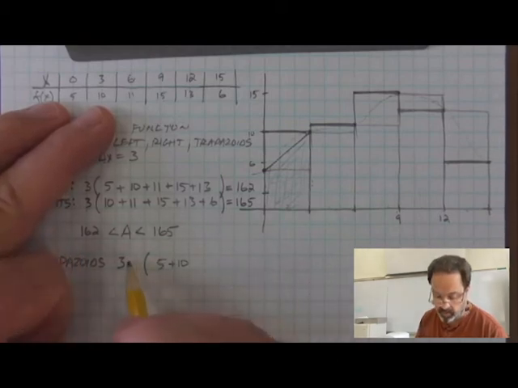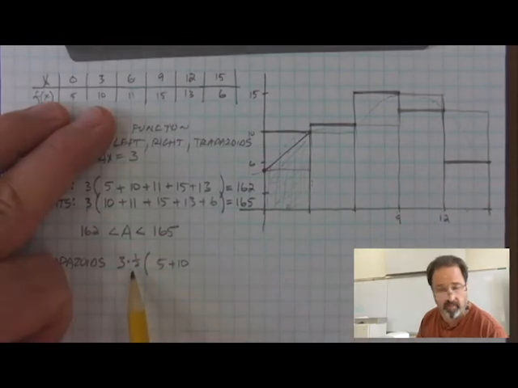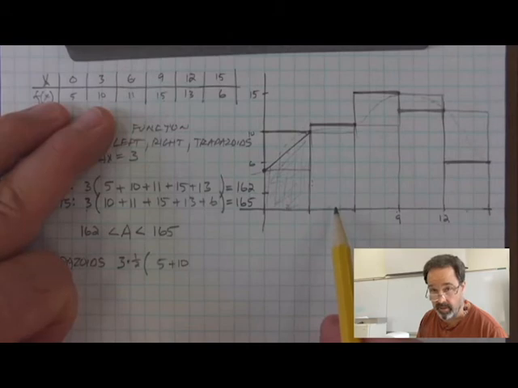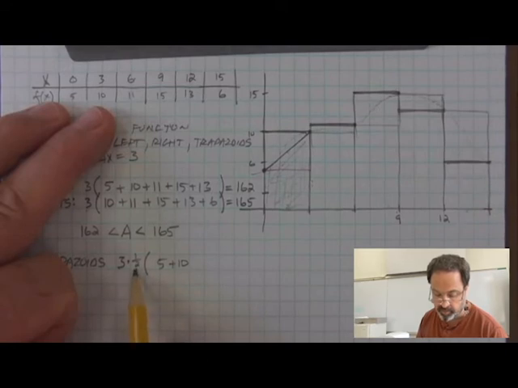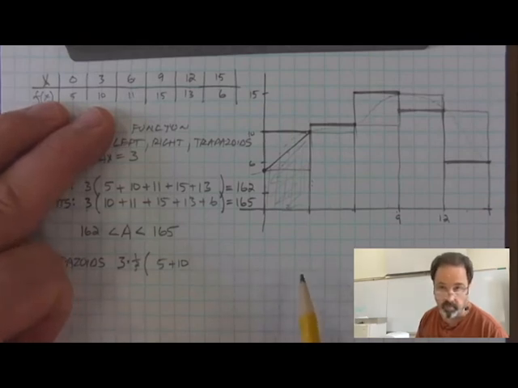I can show multiplying by 1/2 outside, because every time I take an average of the two bases to create the area of a trapezoid, I will be multiplying by 1/2 to take that average. I can show that multiplication by 1/2 outside the parentheses because it will distribute to every trapezoid that I'm going to find and add together.